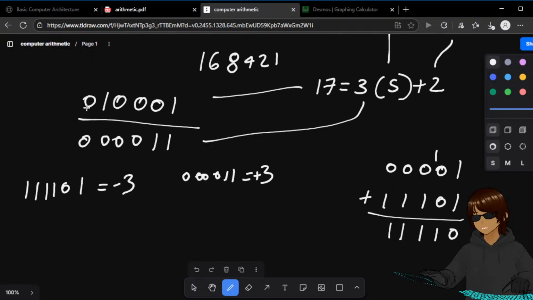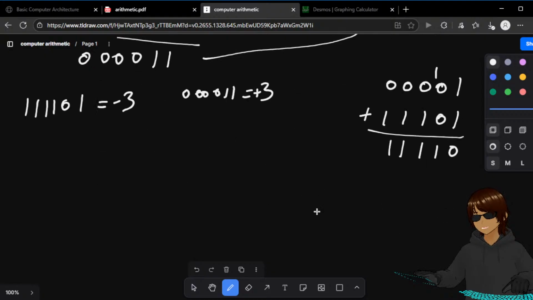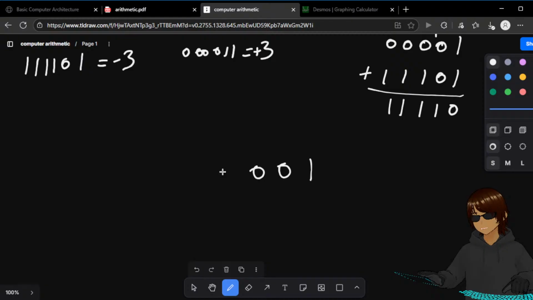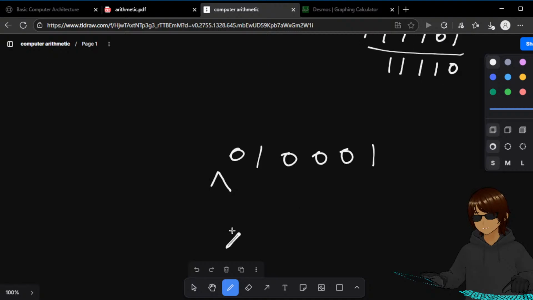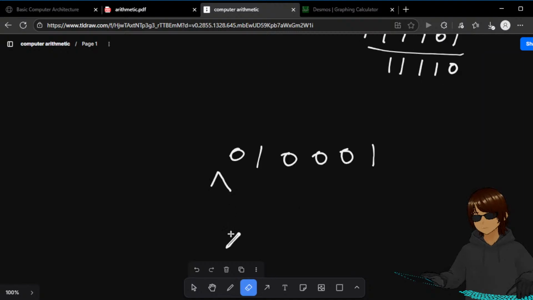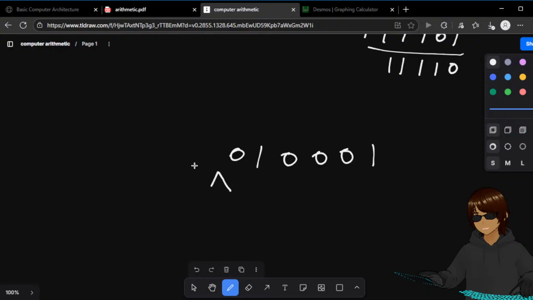So we have positive 17. 1, 2, 3, 4, 5, 6. You have the boundary over here. And then we have 1, 2, 3, 4, 5, 6.